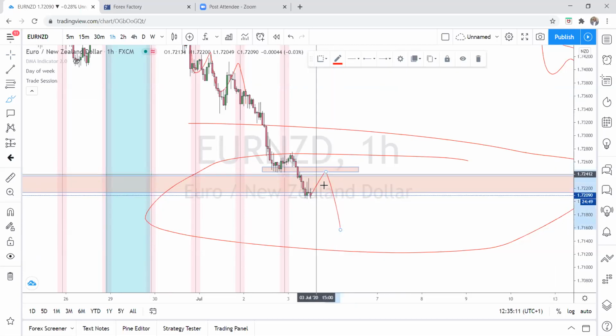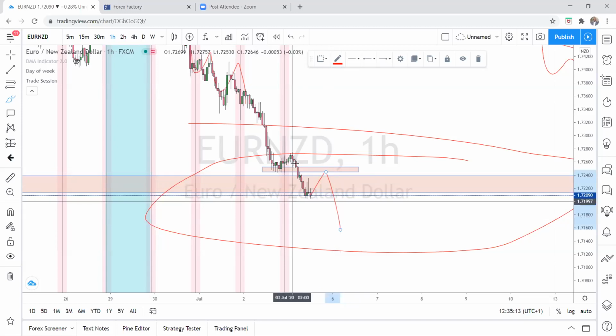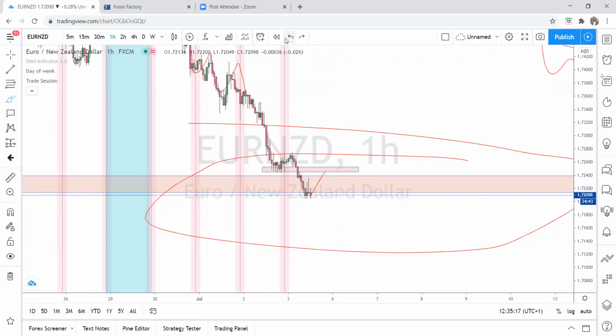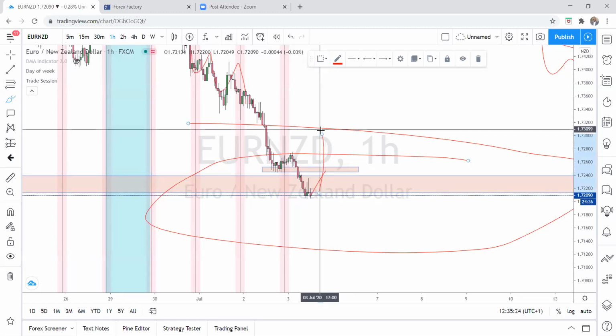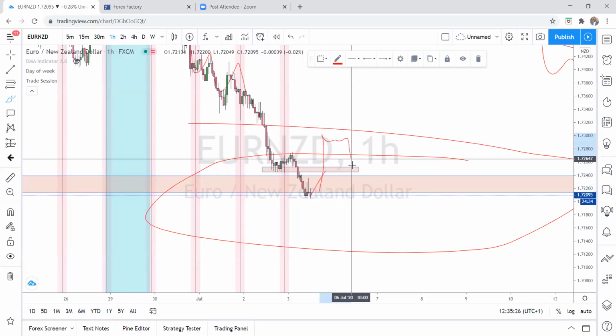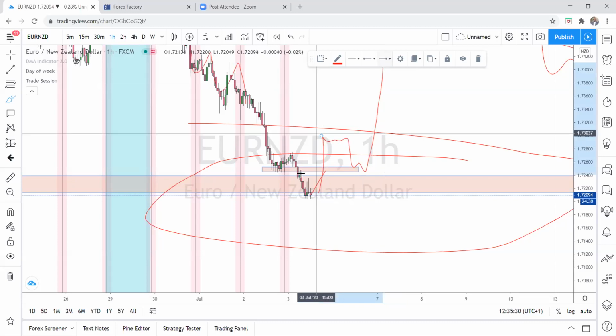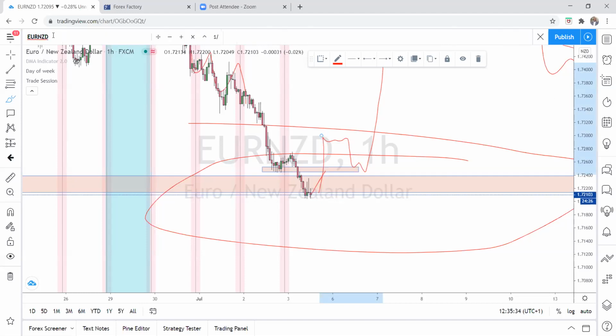You can't sell at this level because it has gone too far and it is a support area. So what we should be looking for is an uptrend, a bullish move. You want a candle that breaks this level and gives you daily structure to this area, then you buy. It's what you are looking for. If this does not happen, then your entry is not valid for you.